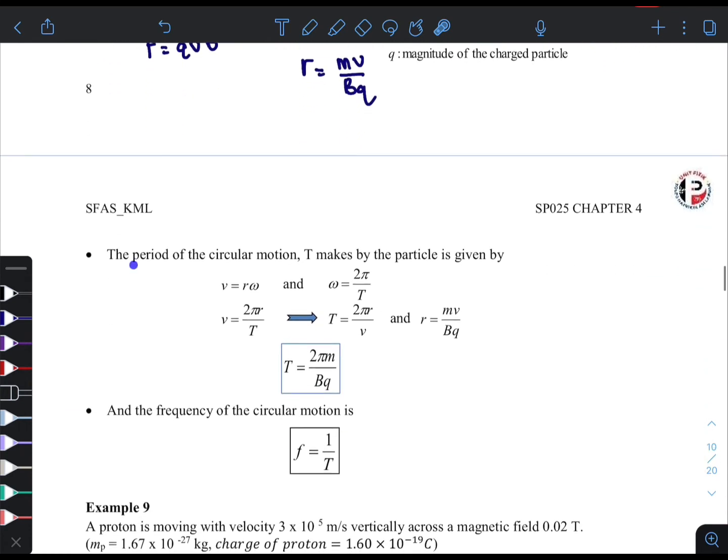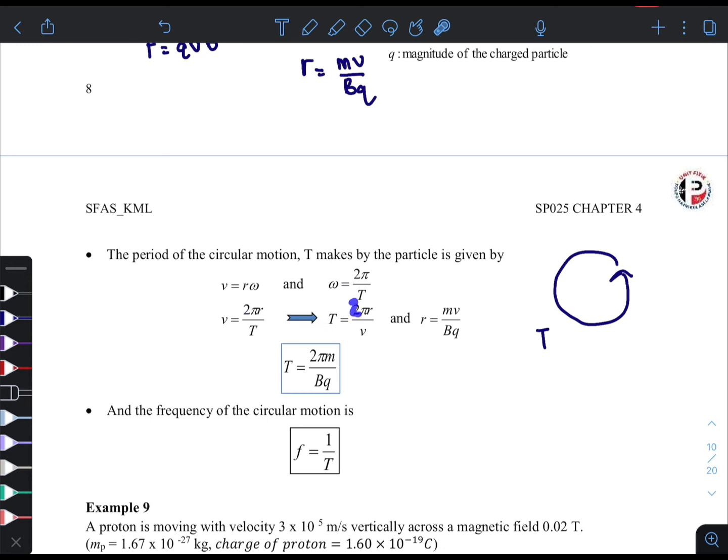Next is the period of the circular motion, T, made by the particle. As the object makes a circle here, one complete cycle gives you the period. Using the knowledge from our previous semester, for a motion in circular form, the velocity is equal to the radius multiplied by omega, where omega is 2 pi over T. So we substitute this in and end up with the equation v is equal to 2 pi r over T. Rearrange, make T the subject.